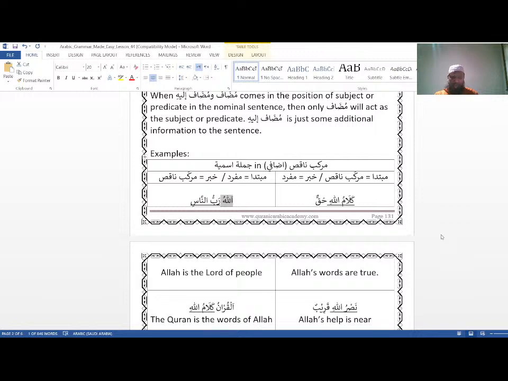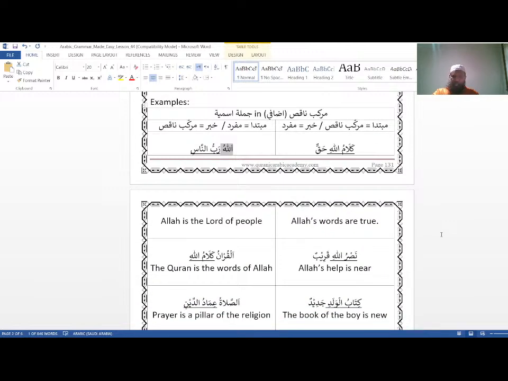Next, Al-Qur'anu, here the mubtada is mufrad, a single word. Khabar is a phrase, Kalamullahi, and the phrase is mudaf ilayh. The Quran is the words of Allah. Another example, Kitabul Waladi, mubtada murakkab naqis, a phrase of two words, jadidun, khabar, a single word.